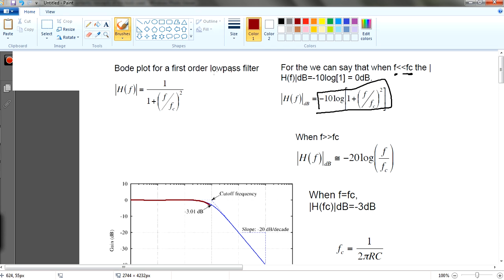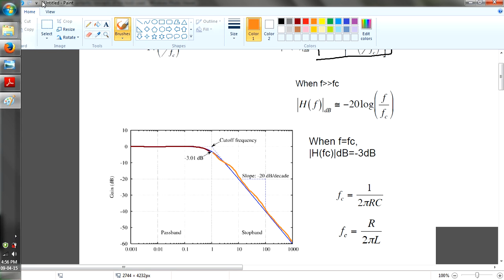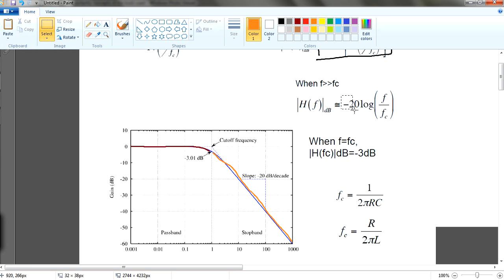If your frequency is larger than your cutoff frequency, you're going to have this portion over here. So this explains why you have a negative 20 log.